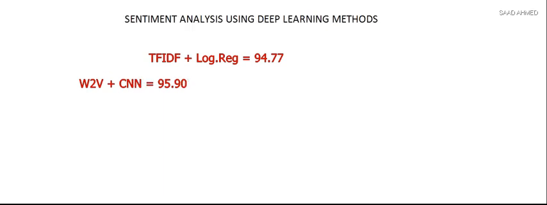So this is how we were able to use and compare two different methods: the traditional method of TF-IDF plus logistic regression, where we produced 94.77 percent accuracy, and when we use word2vec plus convolution neural network, that is deep learning, we increased the accuracy to 95.90, which is a significant step.